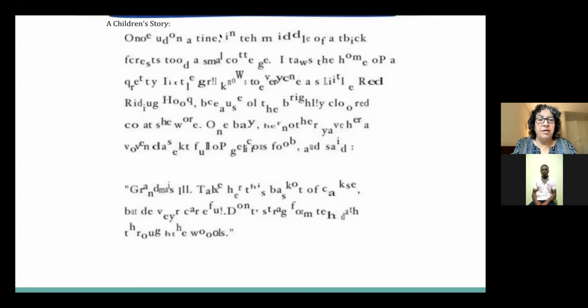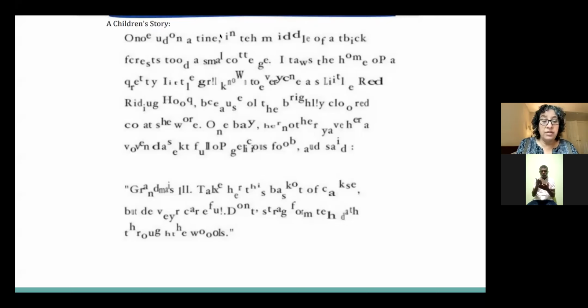I can't read it. It's very difficult for me. So in the second passage, I can see grandma's ill. Take her this basket of cake, but be very careful. Don't talk to strangers through the don't something like that.